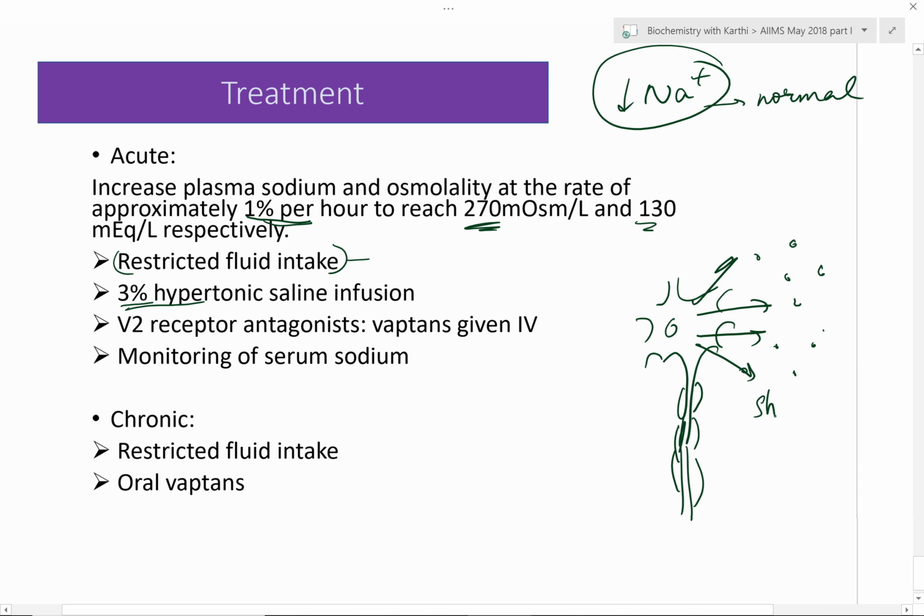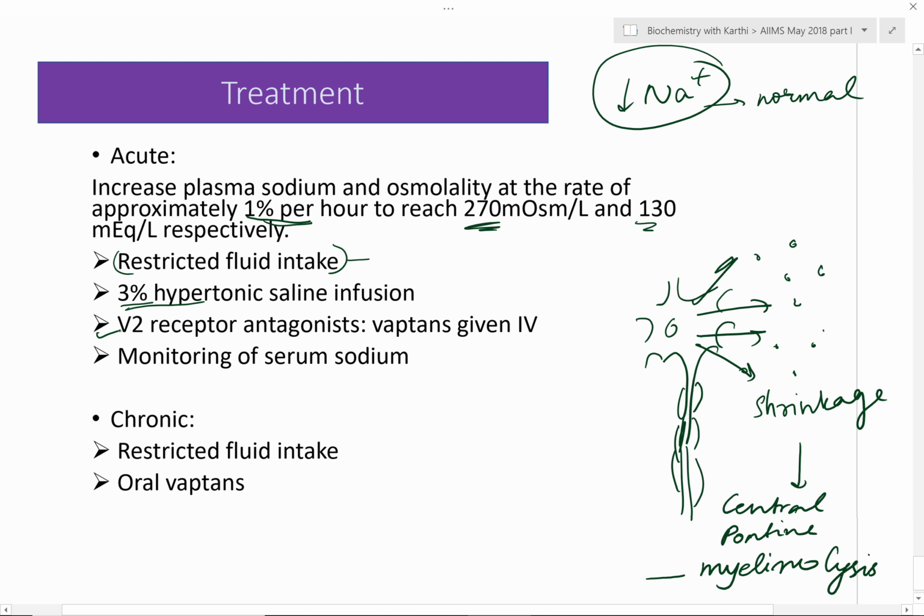Okay, this will cause shrinkage if you do it suddenly, and this is a complication known as central pontine myelinolysis. Okay, so this is a dangerous complication and you want to avoid this. So you correct the sodium slowly, approximately 1% per hour with a hypertonic saline infusion.